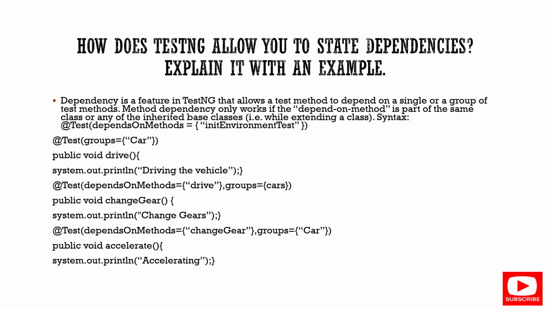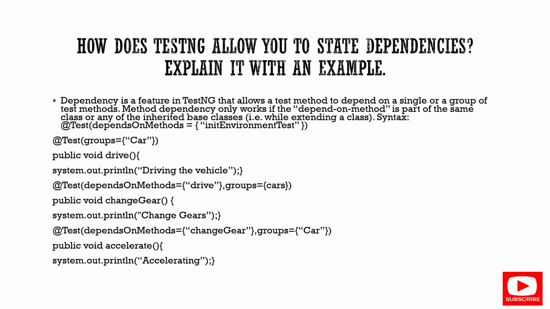So how can you tell that you are dependent on the login case? Using an option called dependsOnMethods. Using dependsOnMethods, you can provide a method name which will be executed before executing the current one. The current one is, say, sending a mail to some person, but I want to log in to the application before that. Similarly, this example is driving a car.